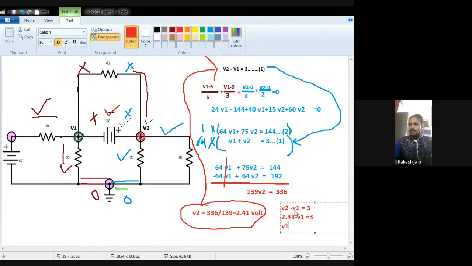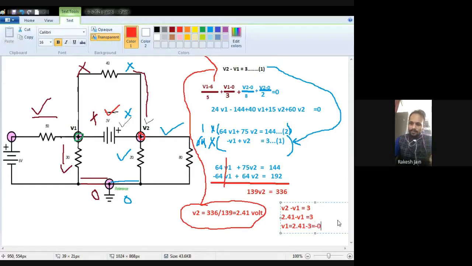So what will be V1? When V1 transfers to the right hand side, it will be 3 plus V1. So V1 is 2.41 minus 3. What will be the answer of 2.41 minus 3?